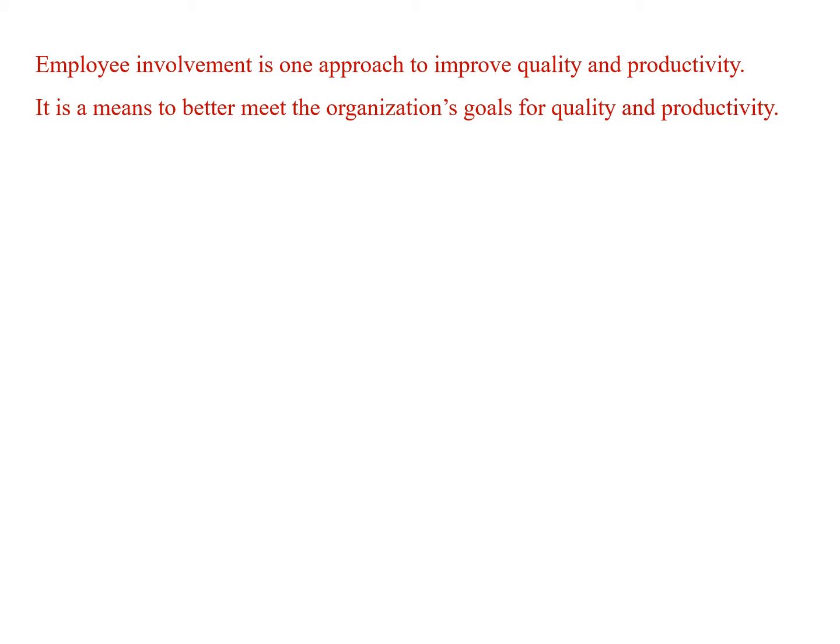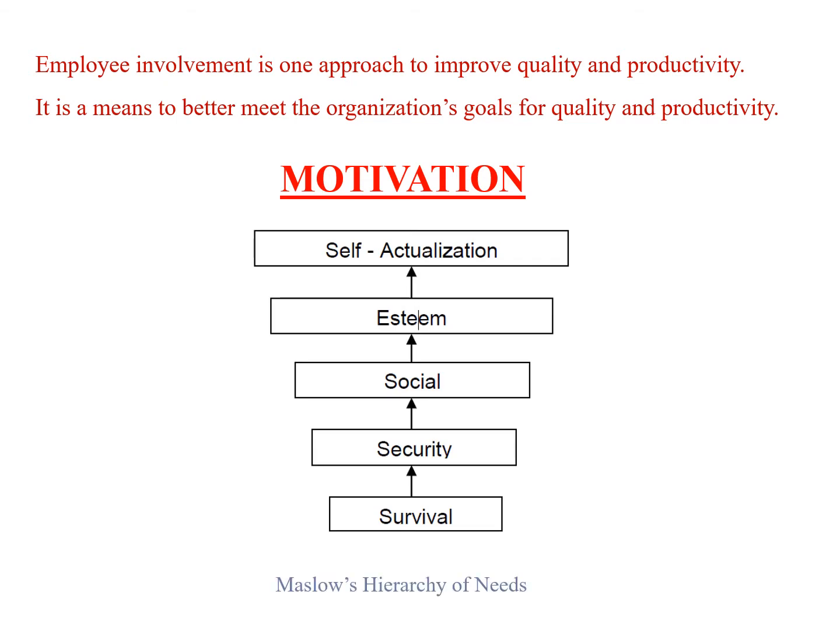In order to make employees involved in their work, the required concept is called motivation. The knowledge of motivation helps us to understand the utilization of employee involvement to achieve process improvement.